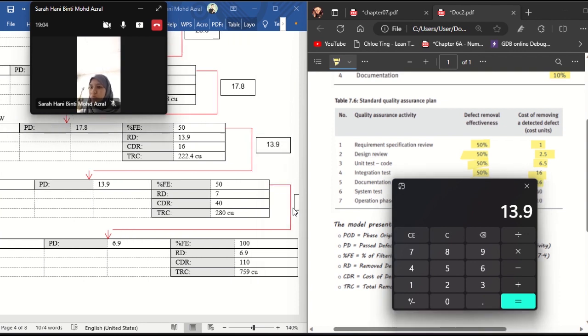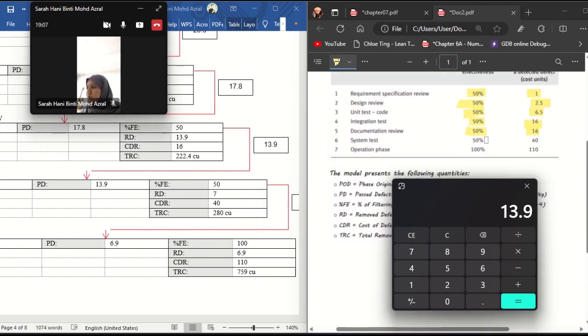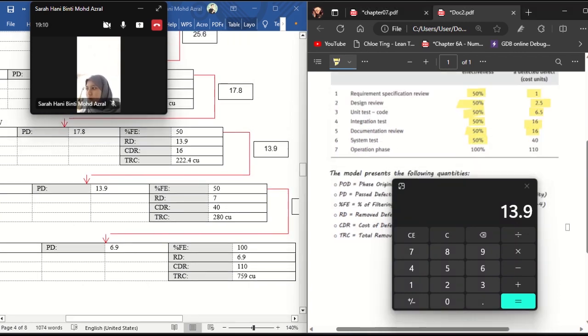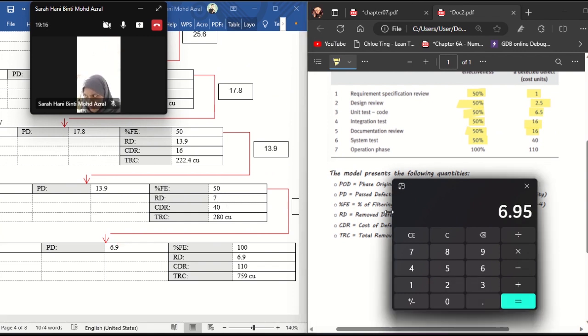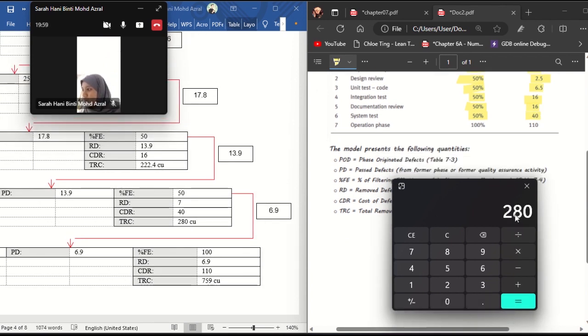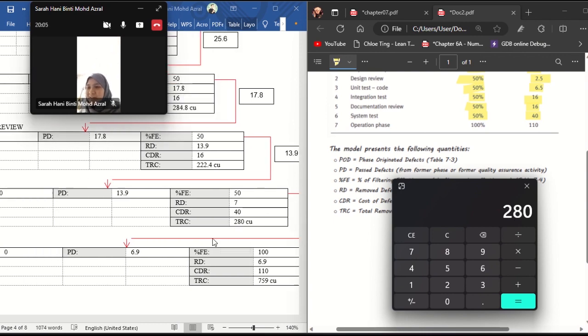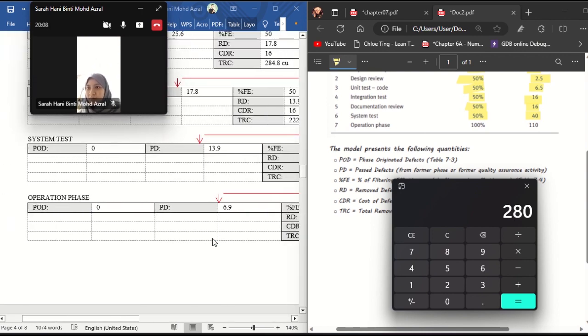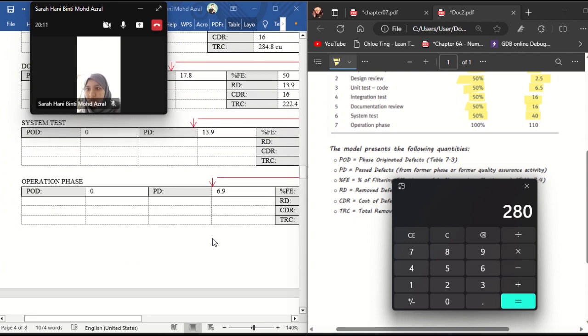Yep, still 13.9, and the filtering effectiveness is 50% again, and divided by 2, you get 6.95, and you round it, you get 7, and multiply with 40, and that's how you get 280 for the TRC. I think I said it wrongly previously.